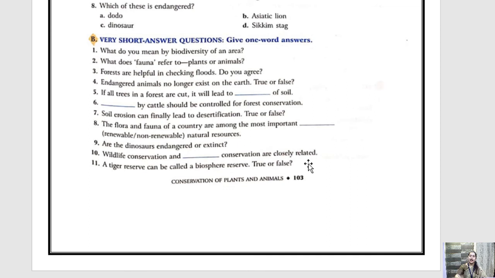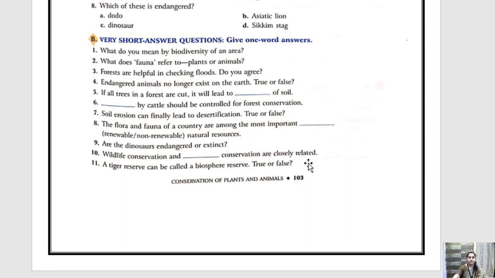Because ultimately, if we are conserving the forest, we are conserving the wildlife, because the habitat of wildlife is forest. So if we are protecting the forest, we are conserving the wildlife. So wildlife conservation and forest conservation are closely related.